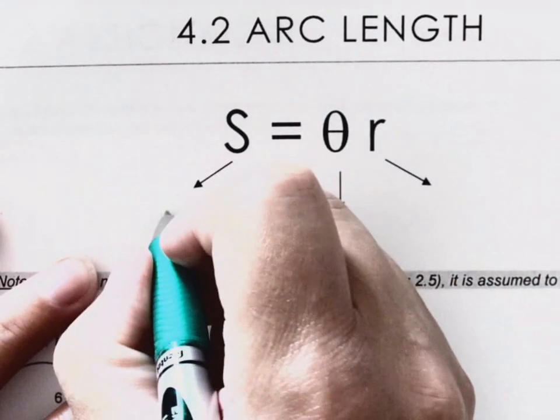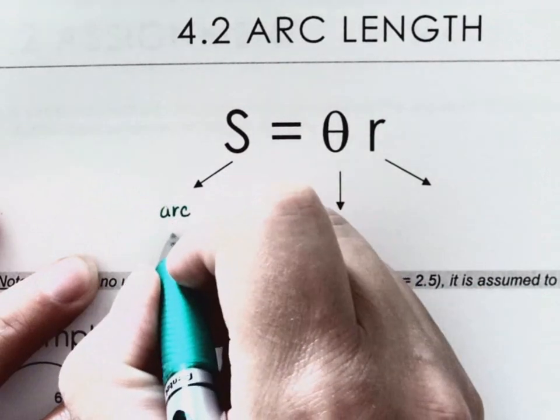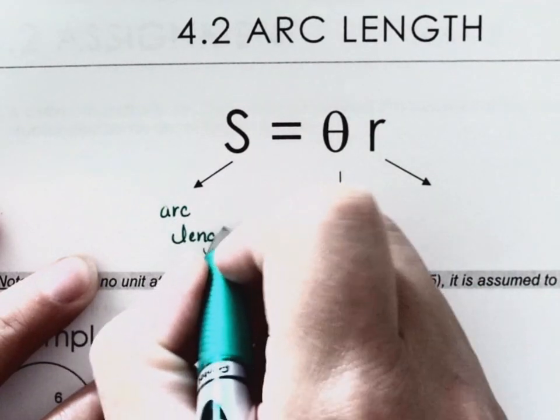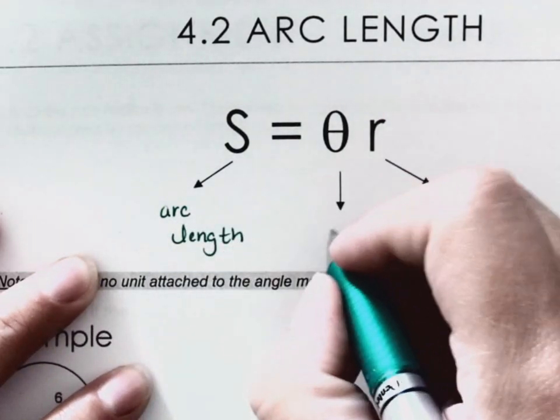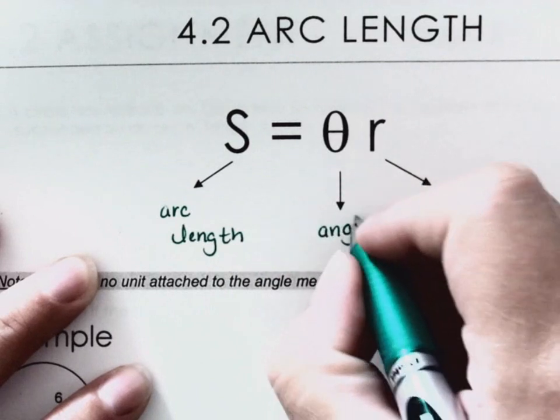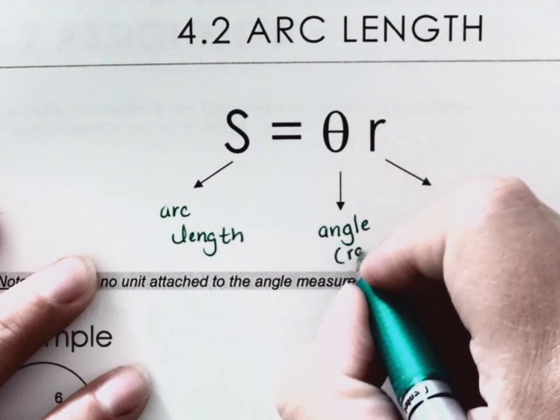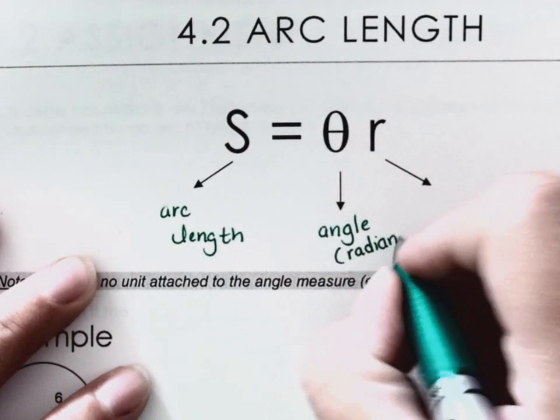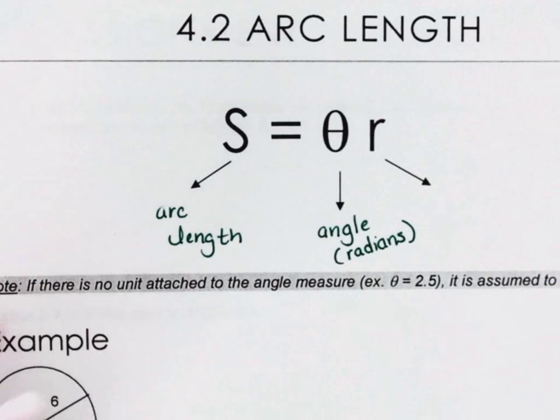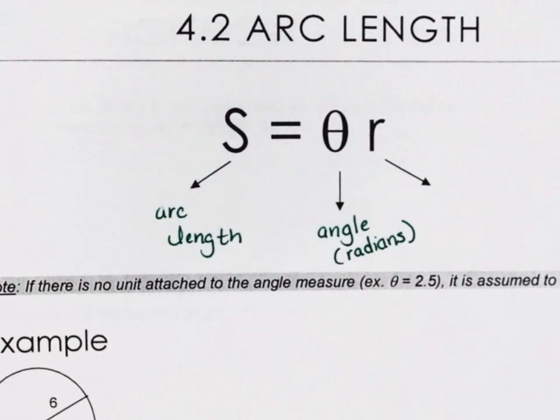So S represents arc length, and theta represents angle measurement, but the angle is always given in radians. If it's not given to you in radians, you can't use it in the formula. You have to convert it to radians first. Must be radians.